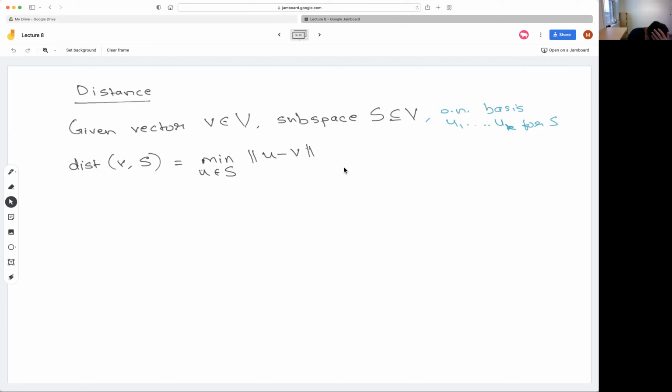To compute it, I will actually compute the square of this distance. Minimizing a distance or minimizing the square of the distance are equivalent. And I claim you can write it in terms of the basis very nicely.